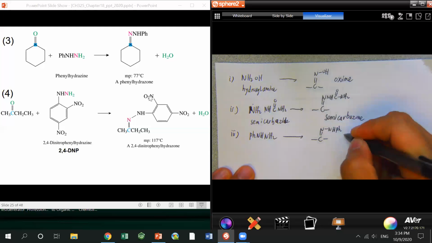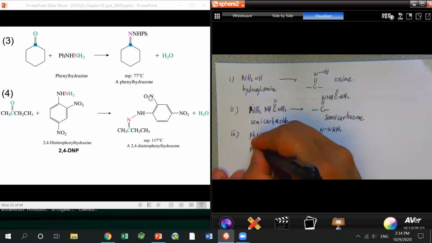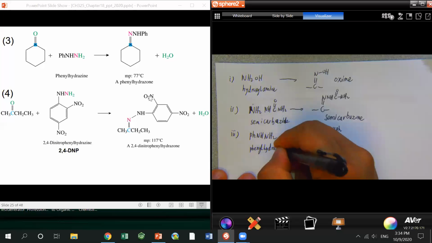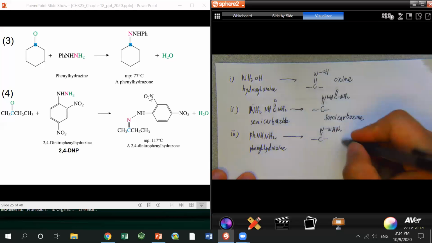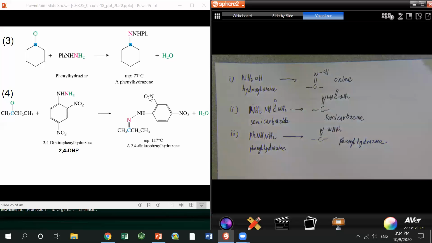The starting material is phenylhydrazine, and the final product is called phenylhydrazone. An example is shown on the screen.